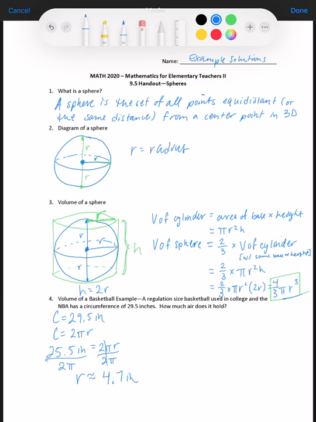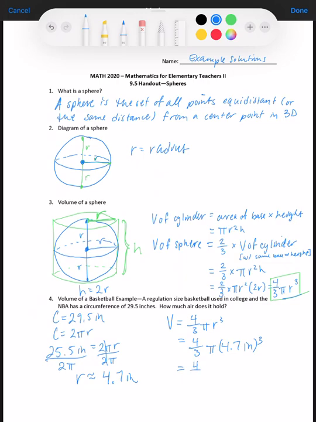Now, since we have the radius, we can go ahead and calculate the volume. I'll go ahead and write down the volume formula and then substitute in the variables. There's only one variable needed for spheres, that's the radius. Don't forget our units. Don't forget your cubed. So I multiply 4/3 times 3.14 times 4.7.